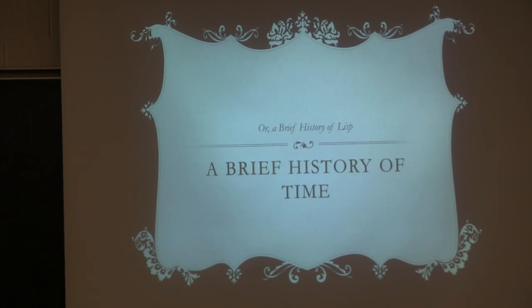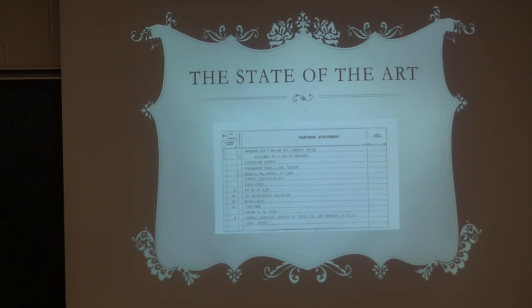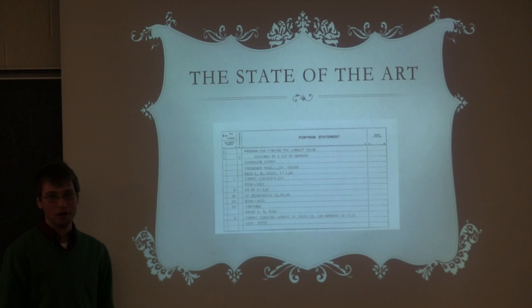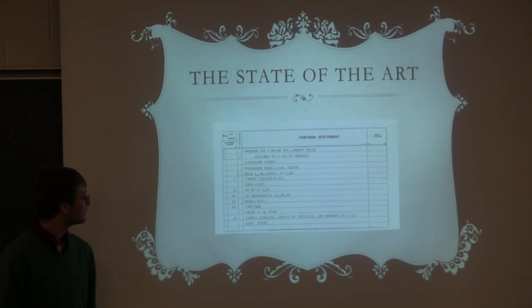Now, a brief history of time. We start the story around 1956, where the state of the art was Fortran. Fortran 1, to be exact. And it's on the punch card, so yeah, this is pretty far back there.